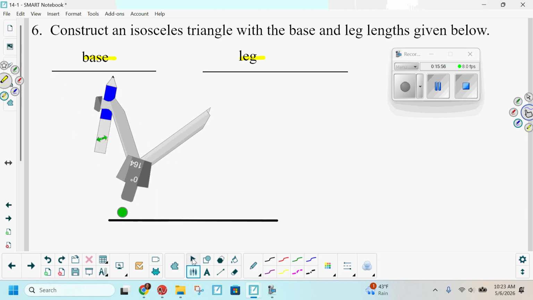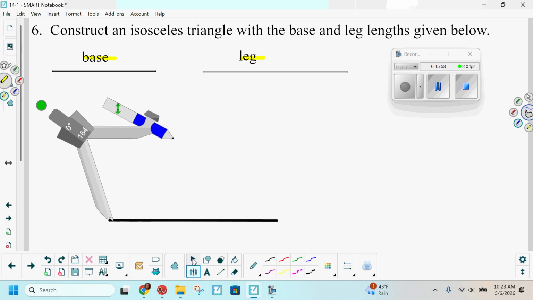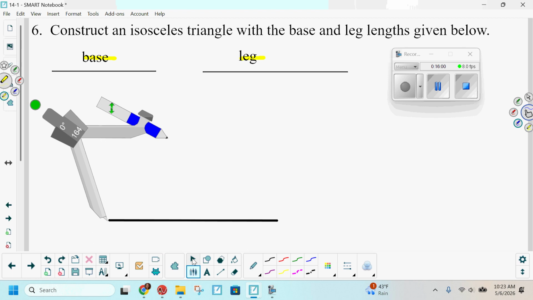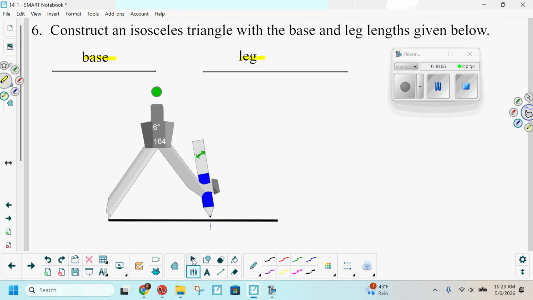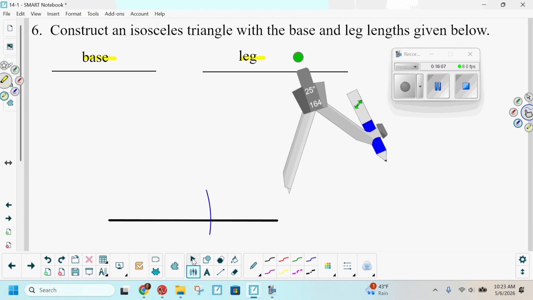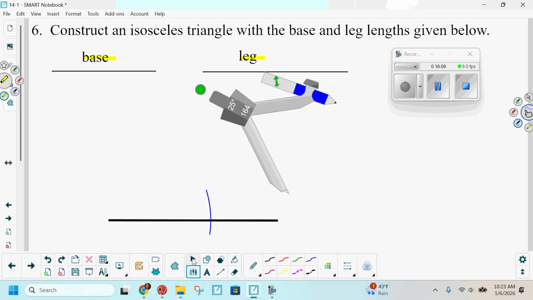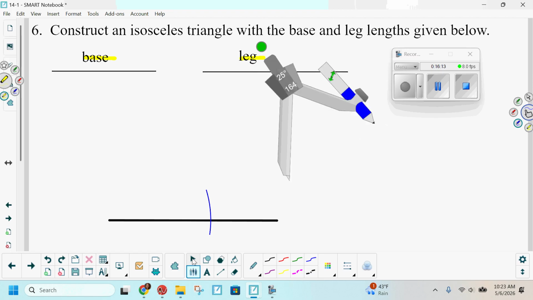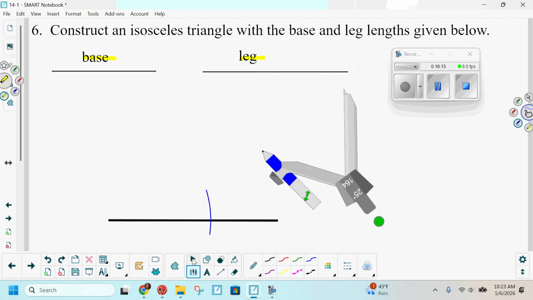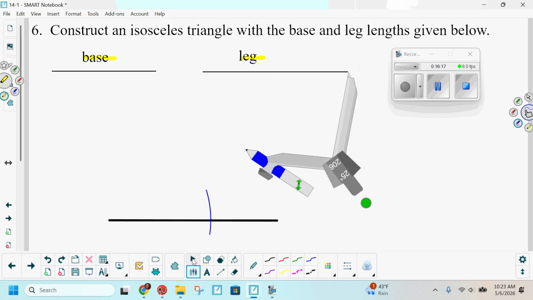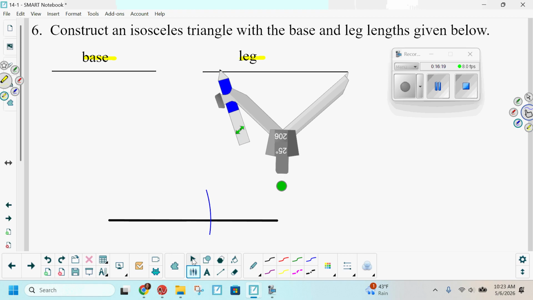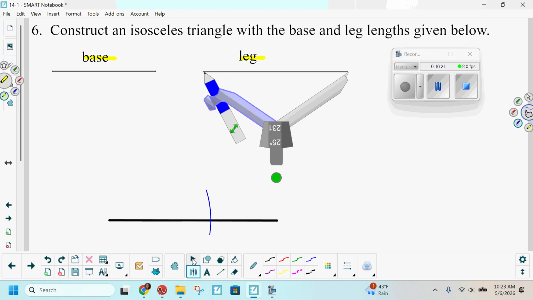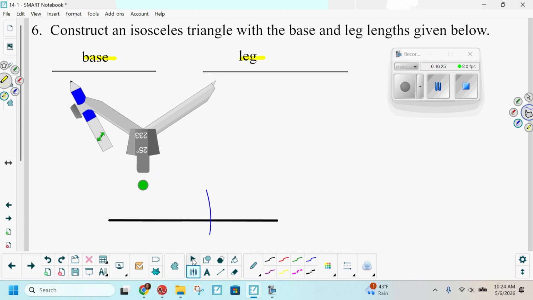So now I'm just going to come down here and figure out the length of that on this one. So there's my base. And now I'm just going to get the length of the leg. So my leg is from here to here.